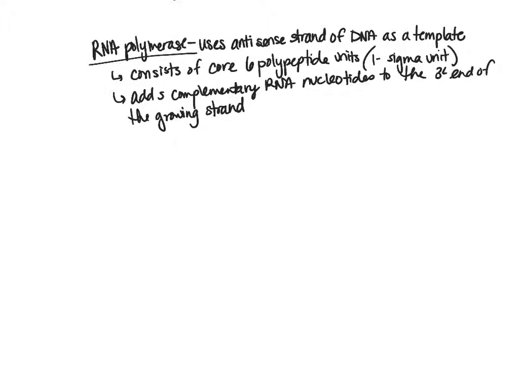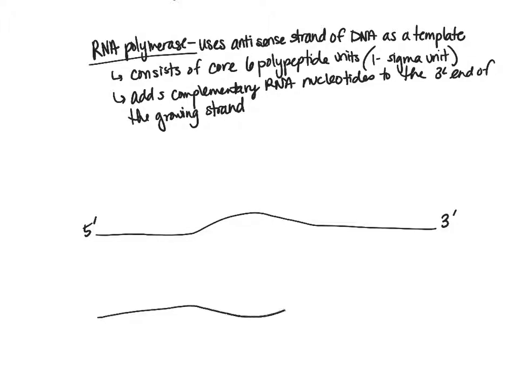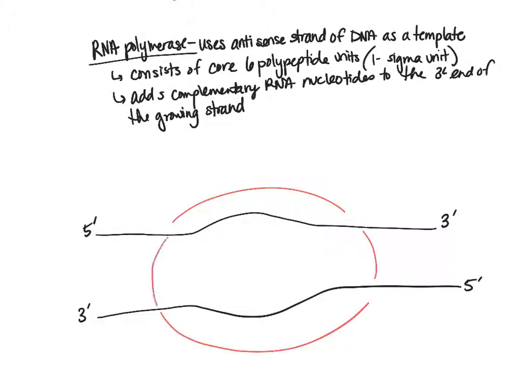So recall that we have our DNA, which is 5' to 3', and then we have our other strand of DNA, which is 3' to 5', and we have our various nucleotides that are sticking up in here. Then our RNA polymerase is going to come along and attach to the entire complex here.